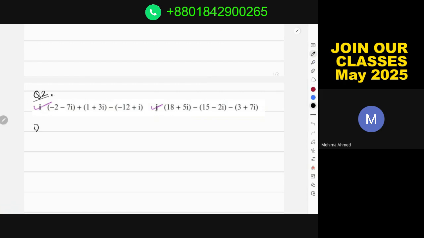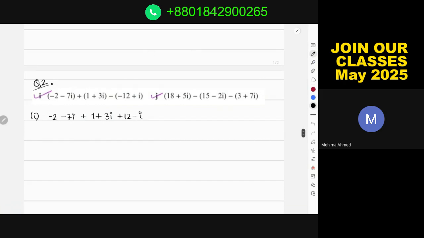Okay, in question i again, what happens? You have minus 2 minus 7i. Understand that 2 over here is a normal number, and 7 is a part of the imaginary number, right? And then again, 1 plus 3i, and minus minus it will be 12 minus i. So you cannot add the imaginary coefficients with the normal numbers.